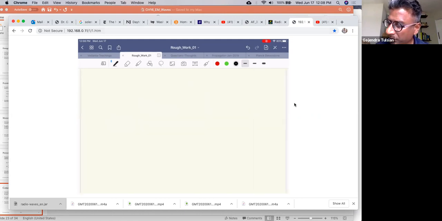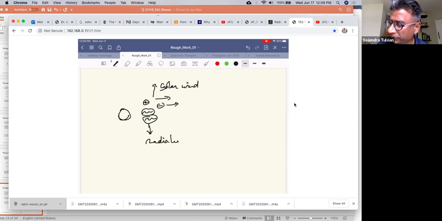So here is the sun. The sun is emitting photons, and there are charged particles also escaping the sun. These charged particles are called the solar wind. And this is, of course, radiation. Here is the comet, and stuff is evaporated.